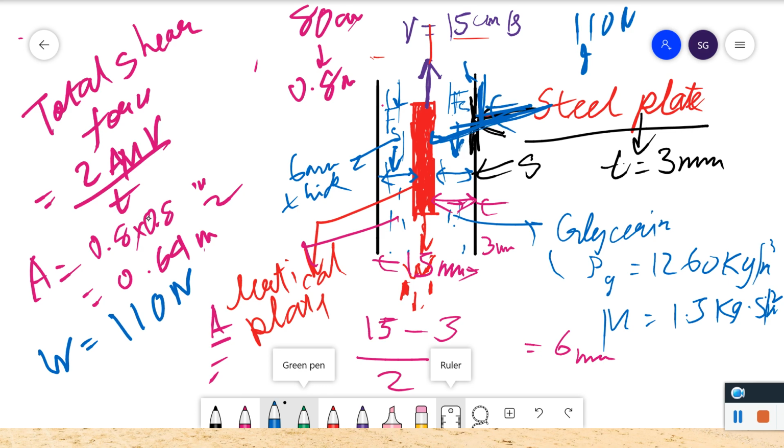And the volume of the plate is nothing but area into length. So easy. The area is 0.64 that we calculated, into length. This T, you can see this T.